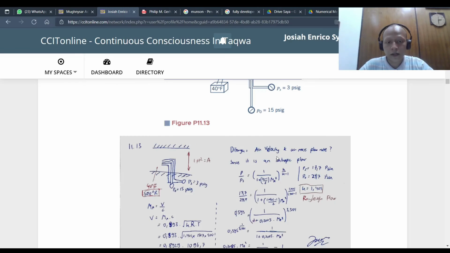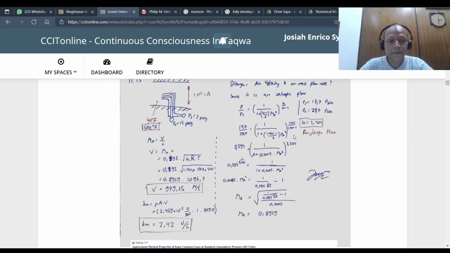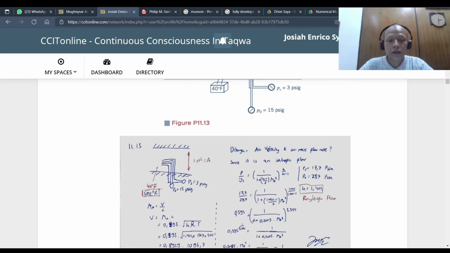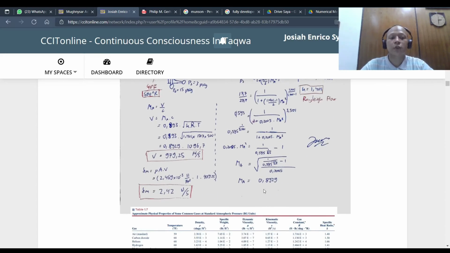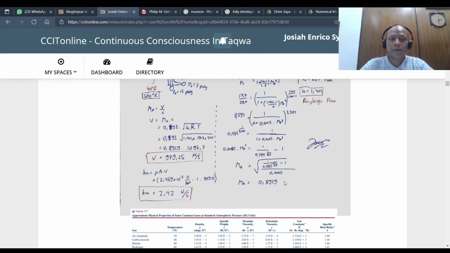Okay, let's zoom out, zoom in. We're gonna use the pressure ratio of isentropic flow, and there is also another key parameter, the specific heat ratio k, which equals 1.4. We put all these parameters back, and finally we got the Mach number equal to 0.8929.